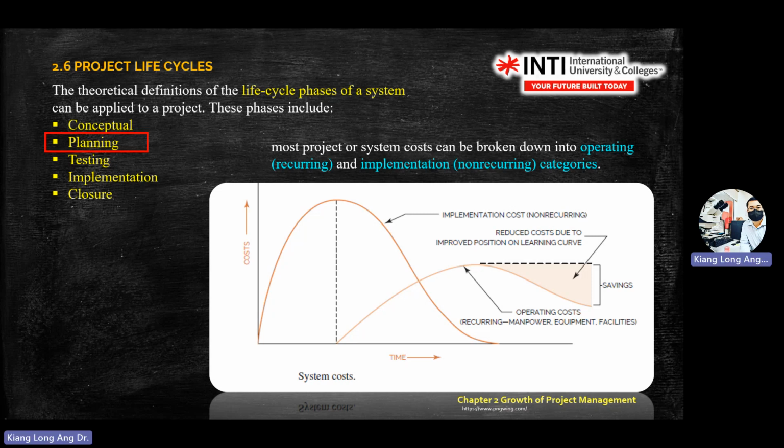Normally in the conceptual phase you don't have operating cost. Operating normally starts after the planning or testing phase. There's an empty space here because you spend on conceptual and planning, and once you go into operating, it means you are already in the testing and implementation phase.